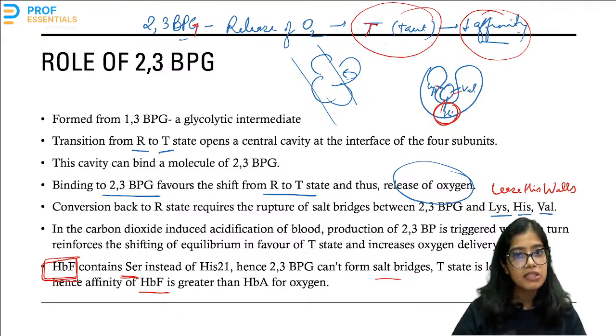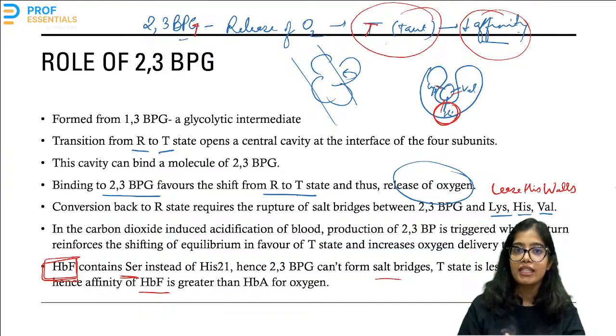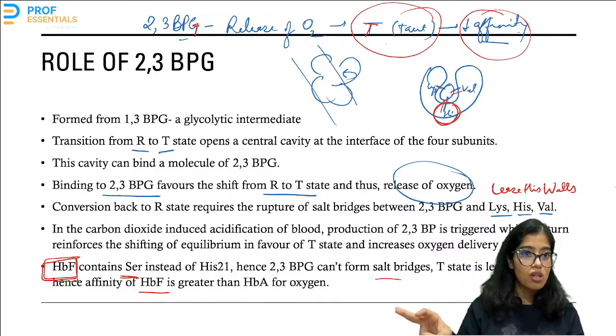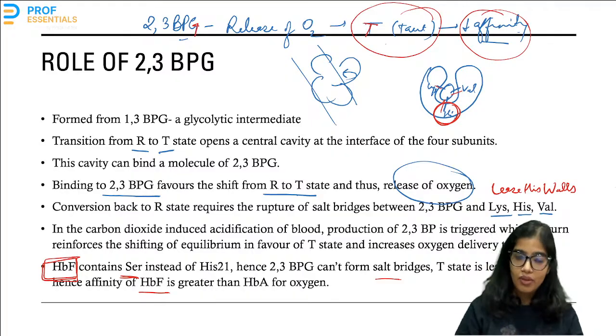And why is the T state not stable? Because HbF contains serine instead of histidine 21. Lys, his, vals: the his is not there, so the salt bridges cannot be easily formed. Okay, so everything is interconnected.